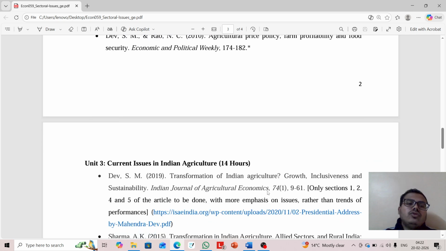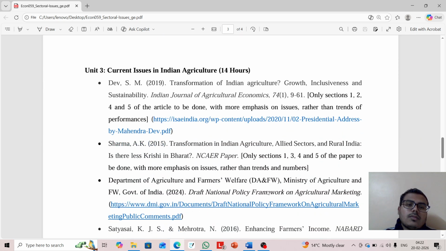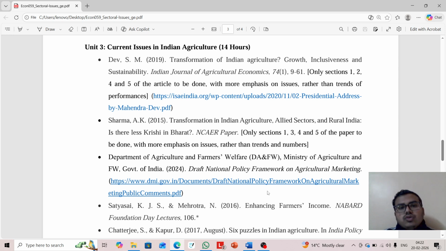Now let's move to Unit 3, current issues in Indian agriculture. So in the beginning we study transformation of Indian agriculture, growth, inclusiveness and sustainability, a paper by Dev SM in the year 2019.